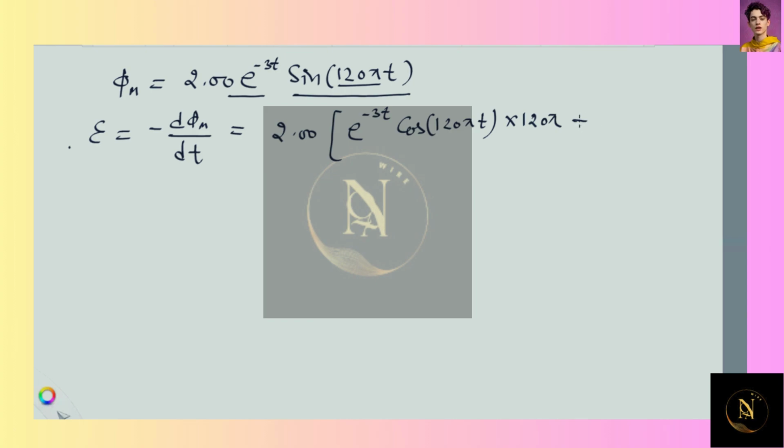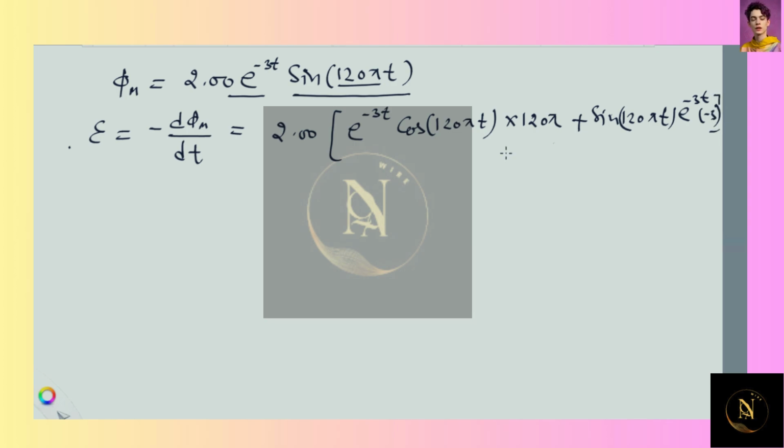Plus, now we have to consider this sine 120 pi t as a constant. So differentiation of e raised to the power minus 3t will be as it is, and then the differentiation of the power minus 3t will be minus 3 only.